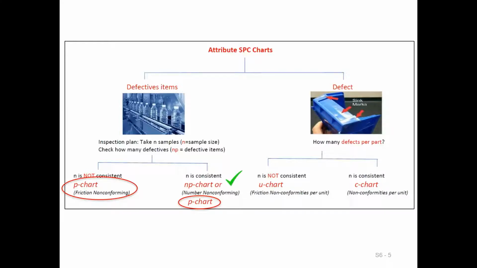So regardless of whether the sample is consistent or inconsistent, you can use P-chart. The common name of P-chart is fraction non-conforming. The name reflects that we are not counting, we are presenting the defective items in terms of percentage or proportions. Unlike the NP-chart that we learned last week, where you are counting the defects, so the name of NP-chart is number non-conforming chart, and the name of P-chart is fraction non-conforming chart.